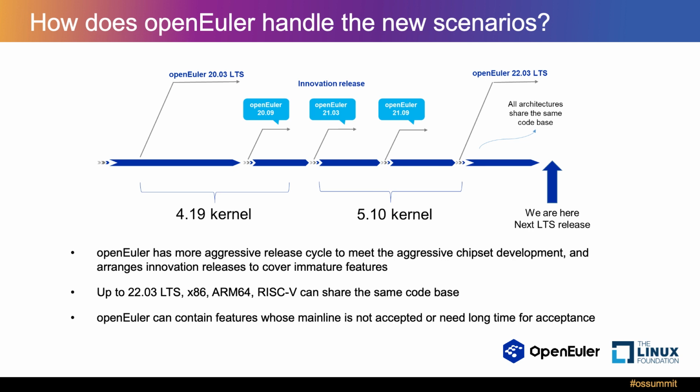So that is the way. If you want to try something new to verify some chipsets, you can go very early to the innovation version cycle, do the verification, and go back to your LTS version.